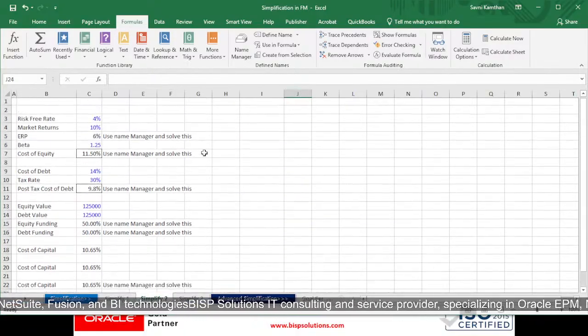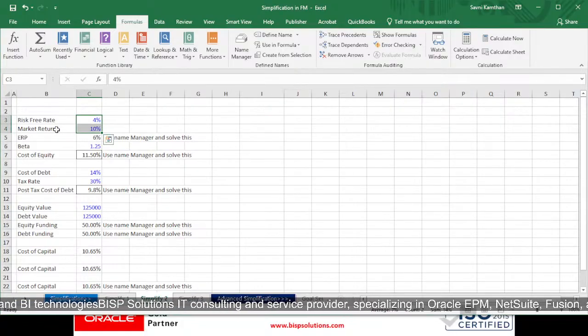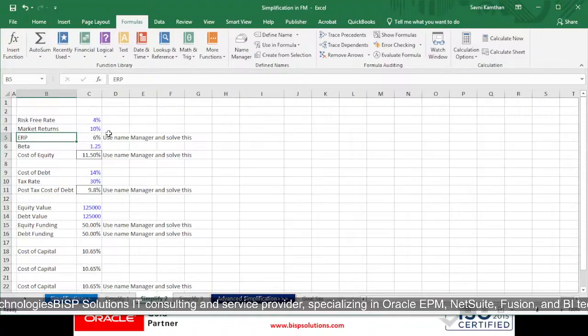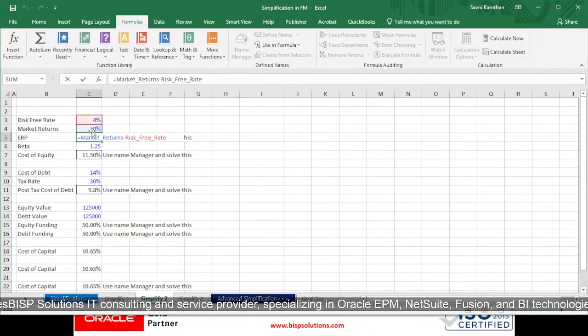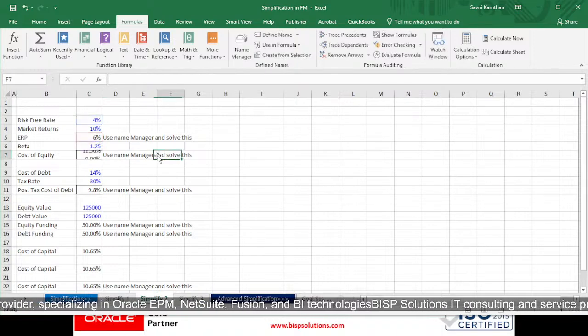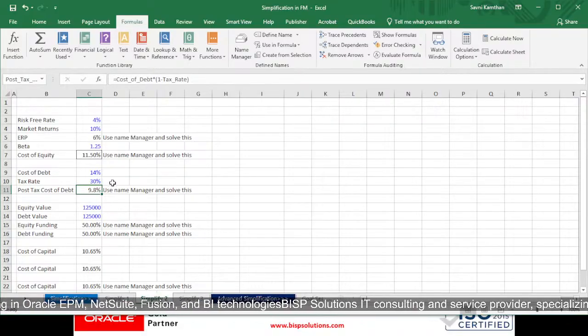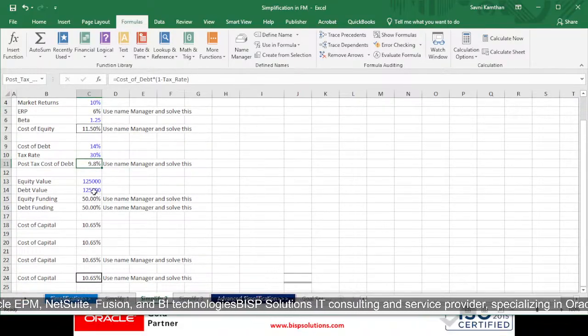Again, I will be calculating individually. For calculating ERP, I have used the name manager function over here, and I have calculated my ERP. Then with beta I have calculated my cost of equity. Then with cost of debt and tax rate I have calculated post-tax cost of debt.